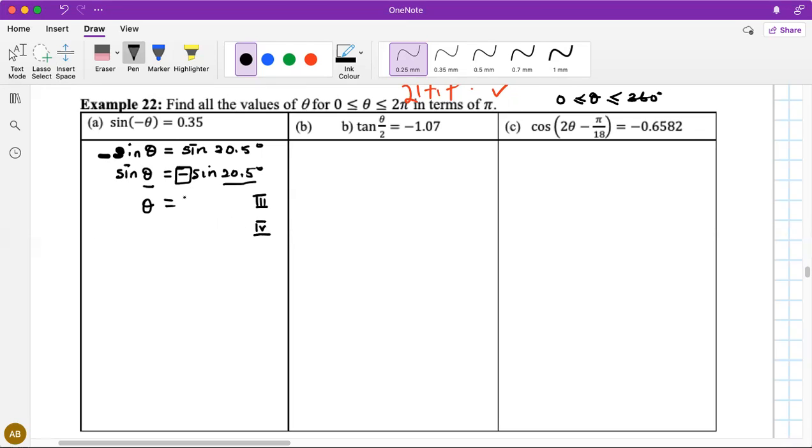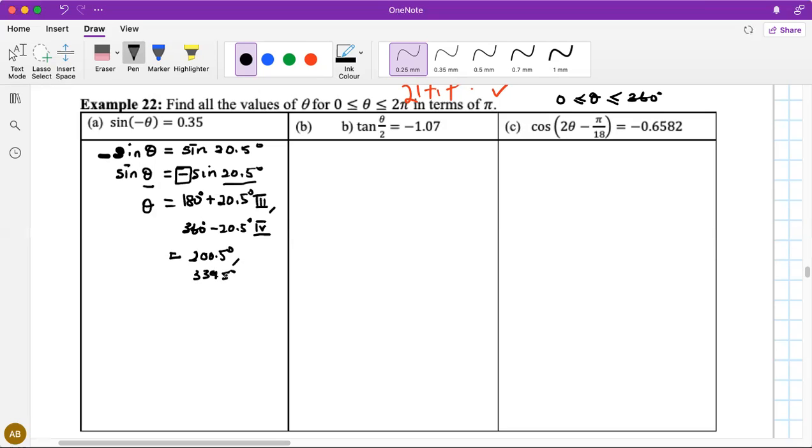Quadrant number 3 will be 180 plus 20.5 degrees, whereas in quadrant number 4, it will be 360 minus 20.5 degrees. So eventually we get the answers 200.5 degrees, and also 360 minus 20.5, which gives 339.5 degrees.